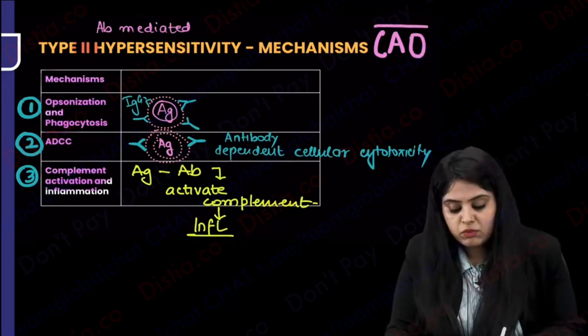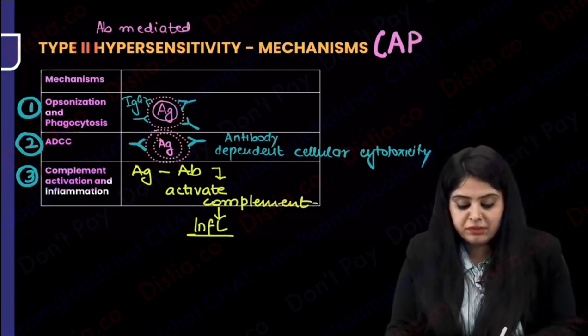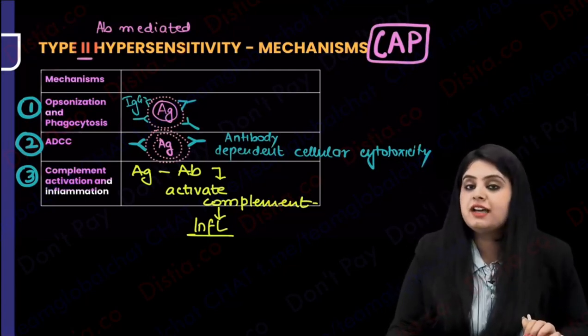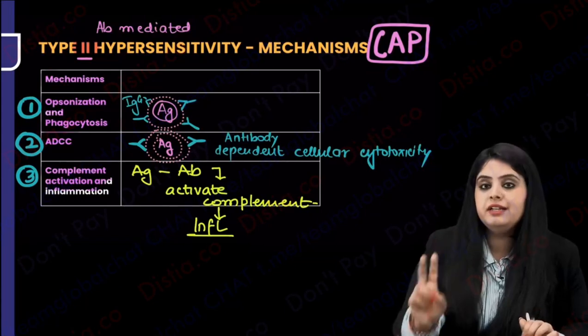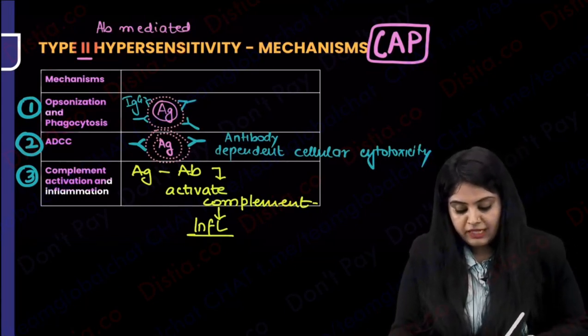Some people can learn it as phagocytosis instead of opsonization. So basically, CAP is what you can learn type 2 hypersensitivity as. What are the three mechanisms? Complement, ADCC and phagocytosis. Now I can explain the examples to you.